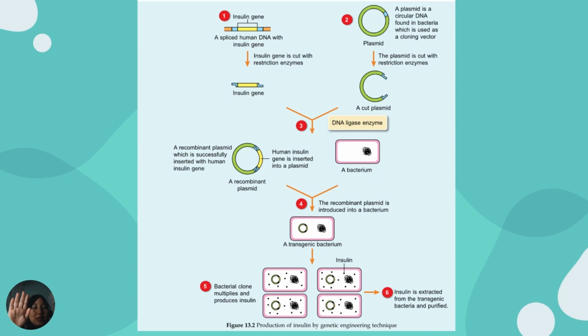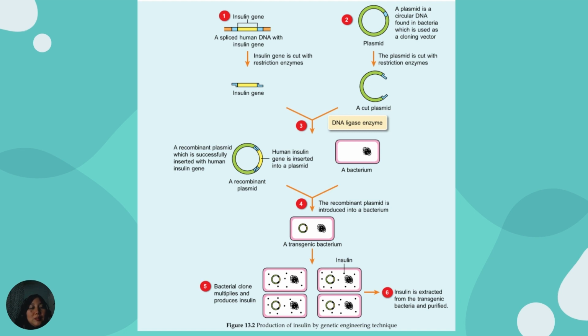Daripada step pertama, dia kena ada left and right. Saya memula insulin, ambil daripada gene, human insulin gene extracted. Pada masa yang sama, plasmid pun extracted from bacteria. So nanti dia akan combine human gene masuk dalam plasmid. So plasmid yang ada human gene tu akan dimasukkan dalam bakteria.